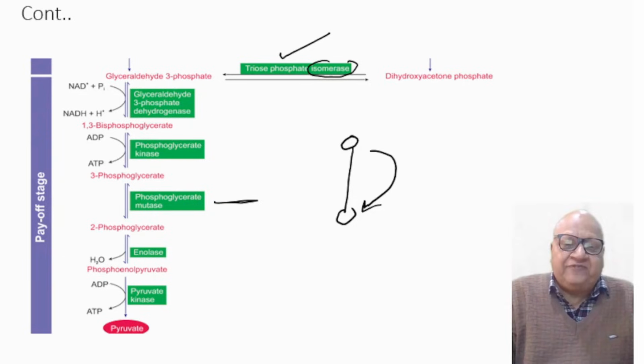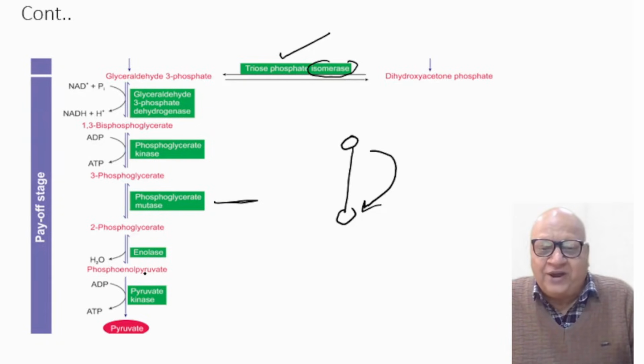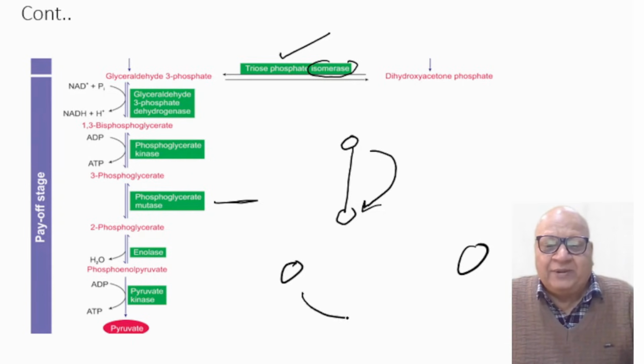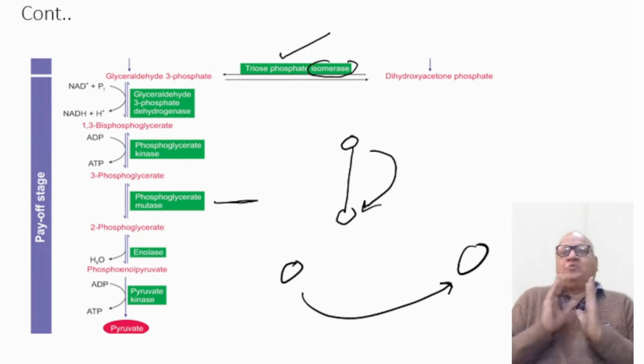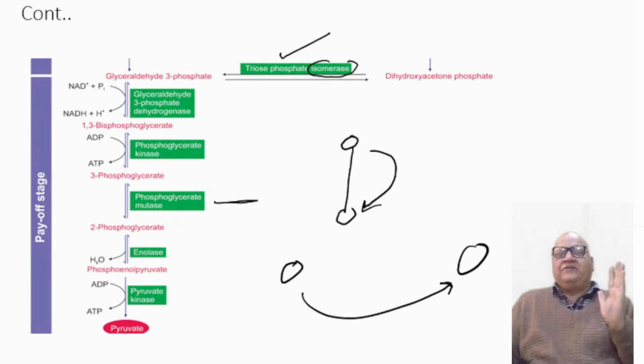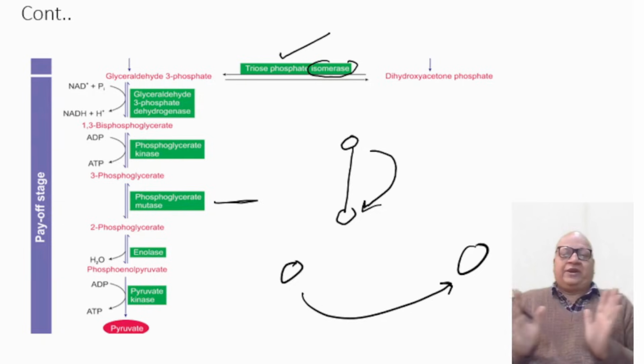And when the shift is intermolecular, for example, with phosphoenol pyruvate, the phosphate group is being transferred from one compound to another compound, then it will be called a kinase. So kinases and mutases both are transferases. The difference is only whether intermolecular or intramolecular transfer is there.